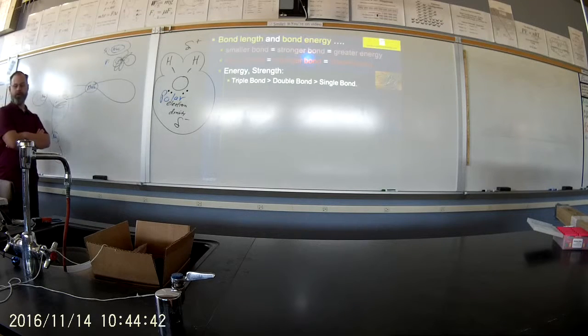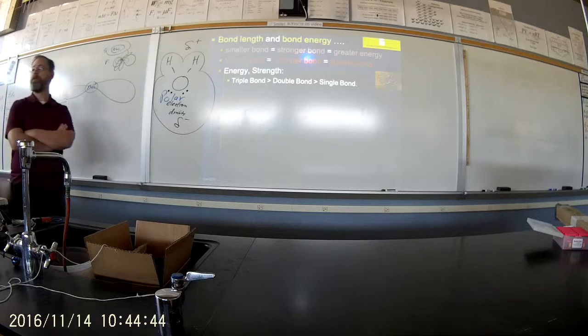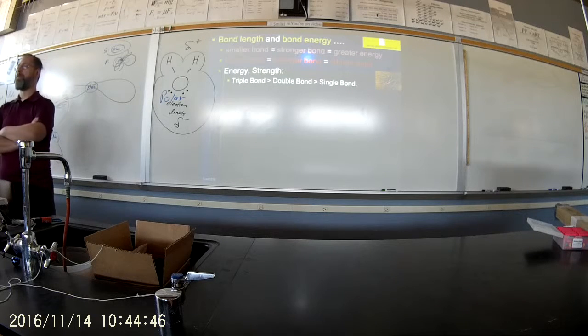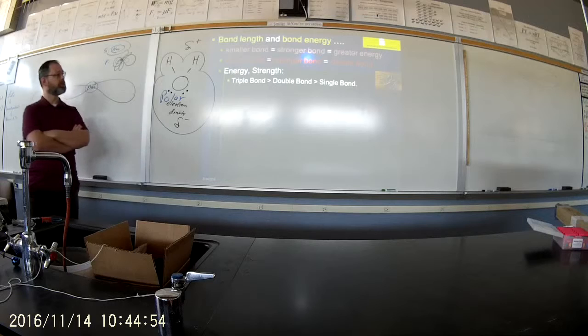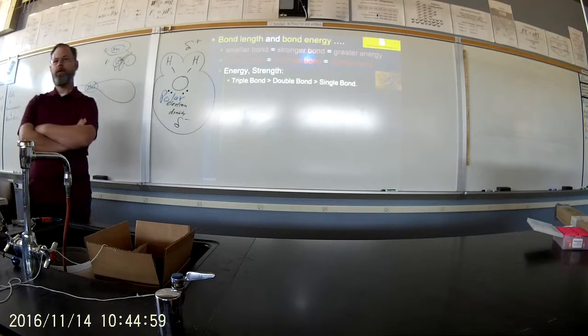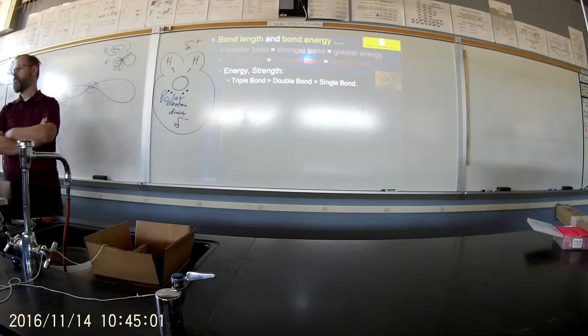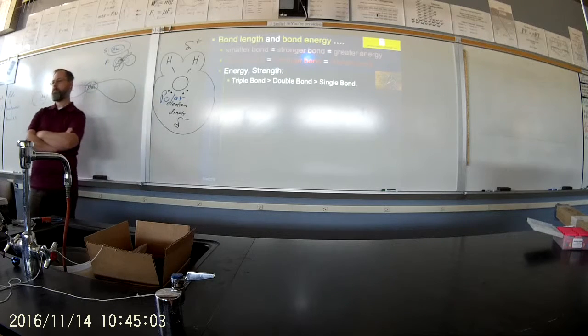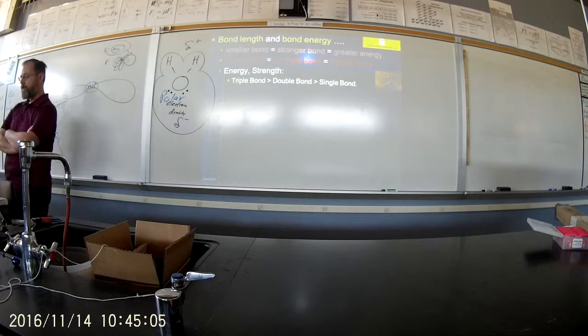Old-timey explosives use nitrogen compounds because when nitrogen has its bonds broken, it releases a lot of energy. There's a lot of energy in those triple bonds. Single bonds don't have as much energy. There are a lot of them, but they don't have a lot of energy.